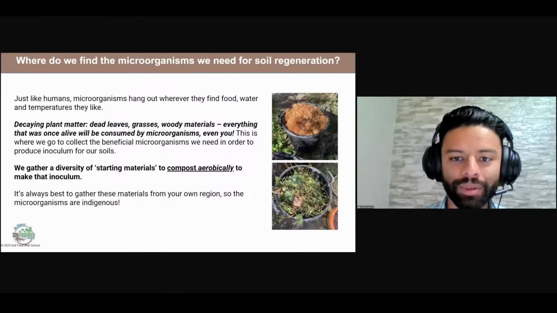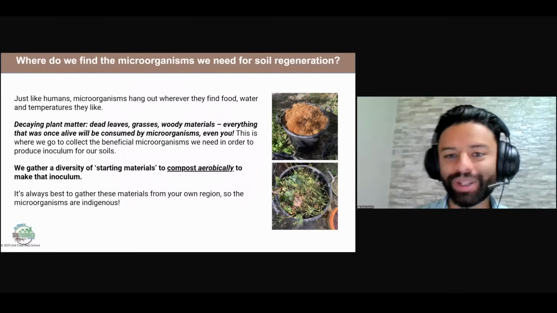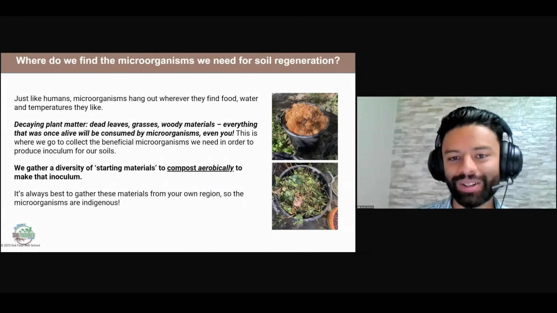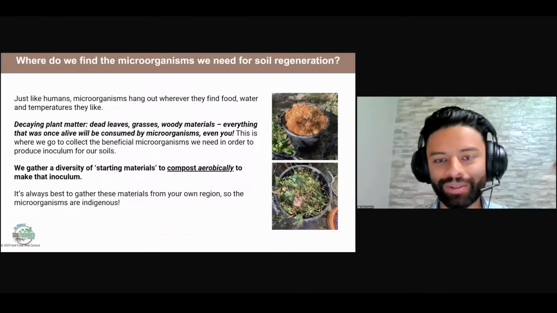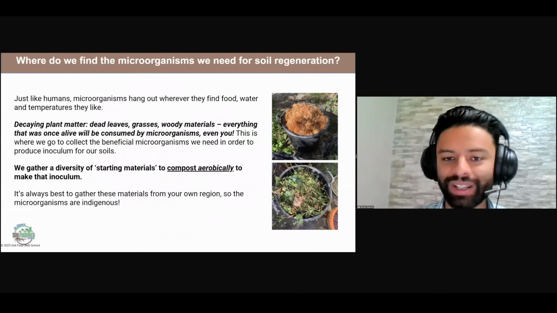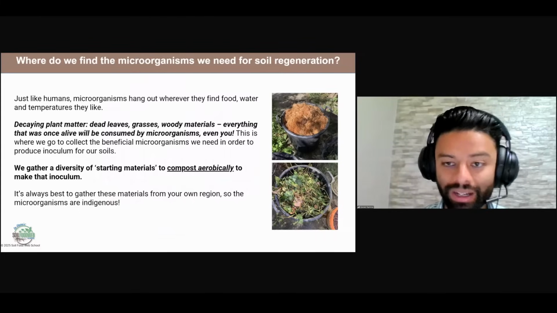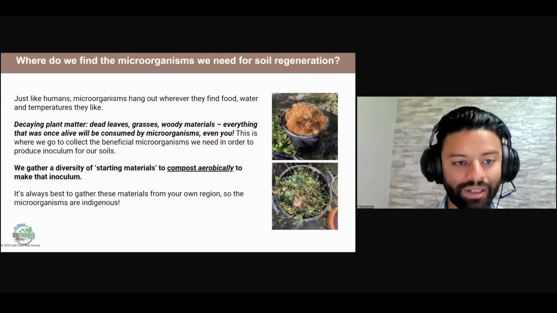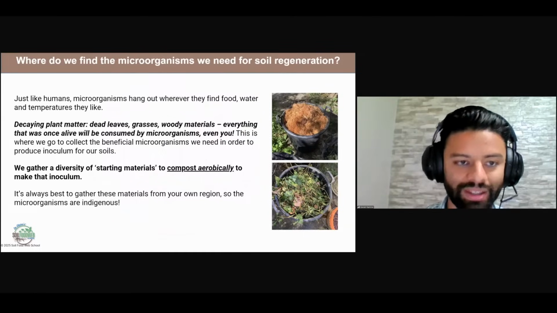If you collect them from your local area, they are already used to the tropical Costa Rican weather, or to the Denmark weather, or South Africa, or Ecuador, Australia. Wherever you guys are joining from, you have your sets of microorganisms already there, and they are used to the foods, to the conditions that you guys have over there. So it's always better to get them from your region. That's going to make the process easier.